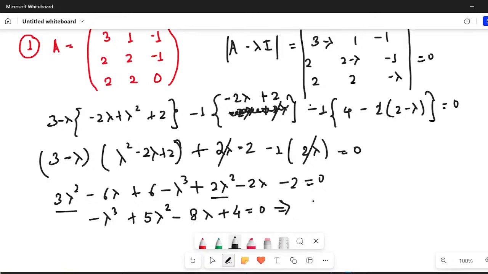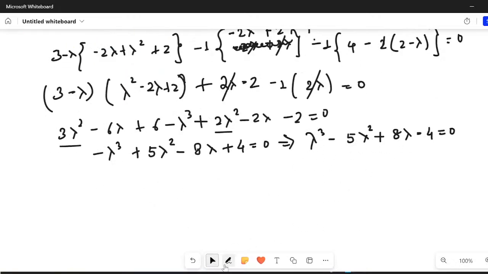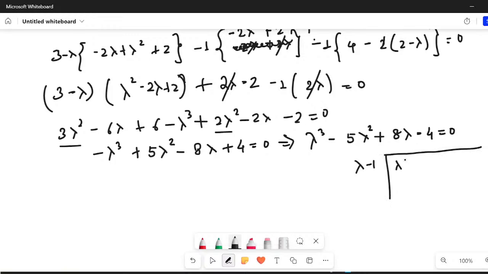Or in other words, I can write lambda cube minus 5 lambda square plus 8 lambda minus 4 equal to 0, right? Okay, and if I use lambda is equal to 1 here, I know one of the roots is simply lambda is equal to 1. So I'll use lambda minus 1, and I'll try to divide this. So this is lambda cube minus 5 lambda square plus 8 lambda minus 4.